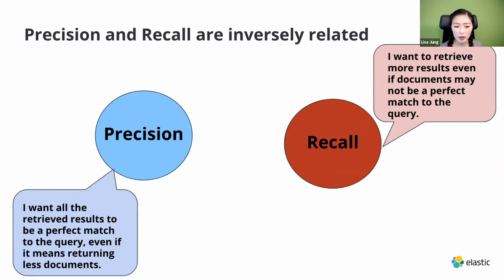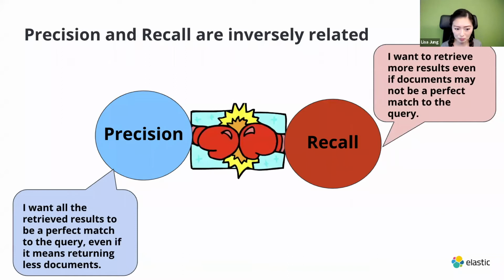Now, the dilemma here is that we want to present really relevant items, but we also want to retrieve as many results as possible. As you can see, these two factors are at odds with each other, because if you want to improve precision, it might cause a decline in recall and vice versa.